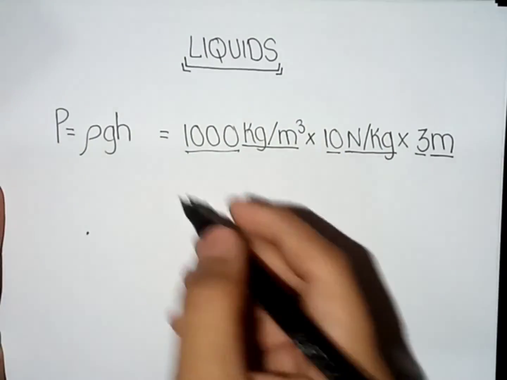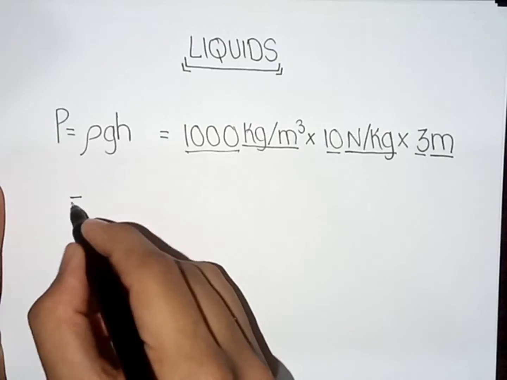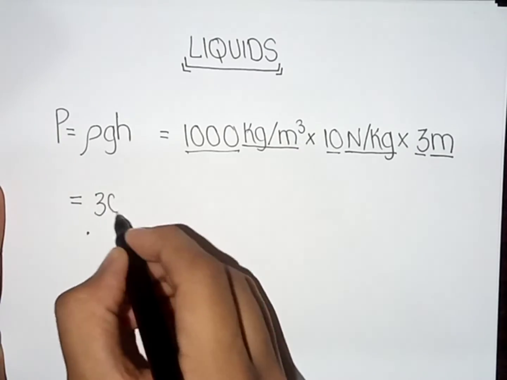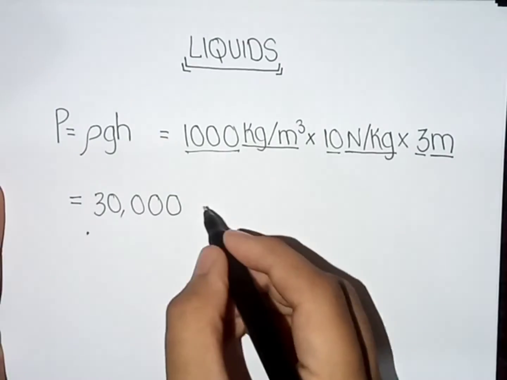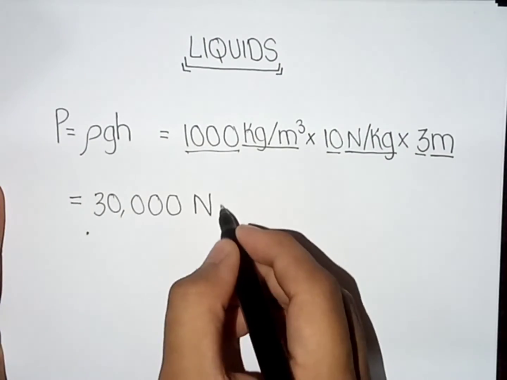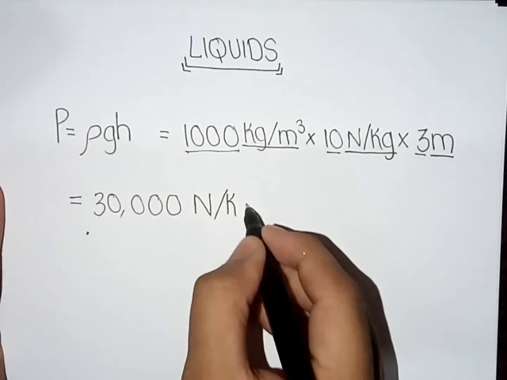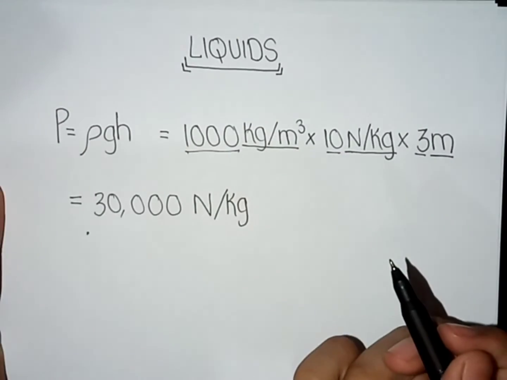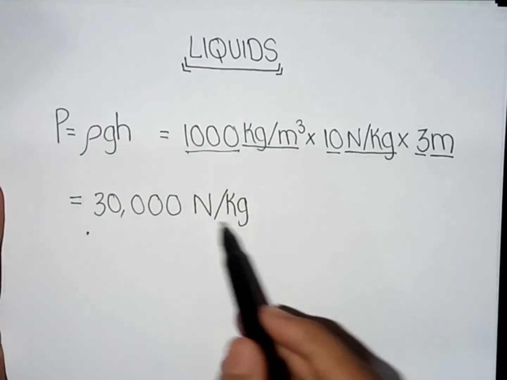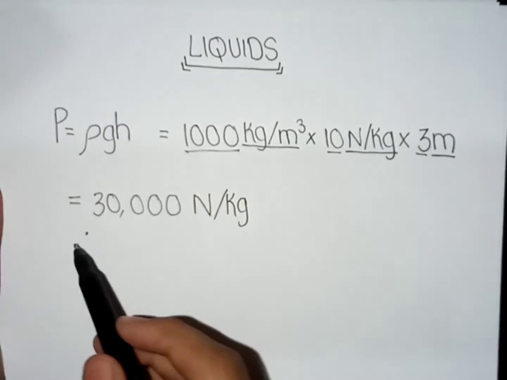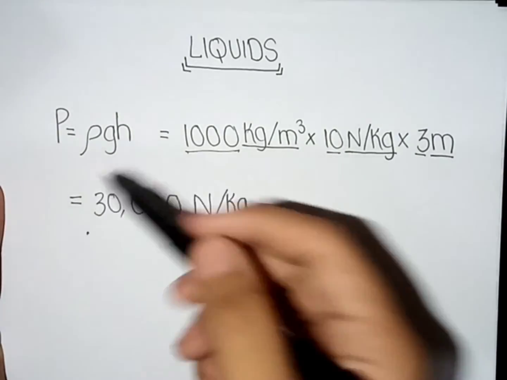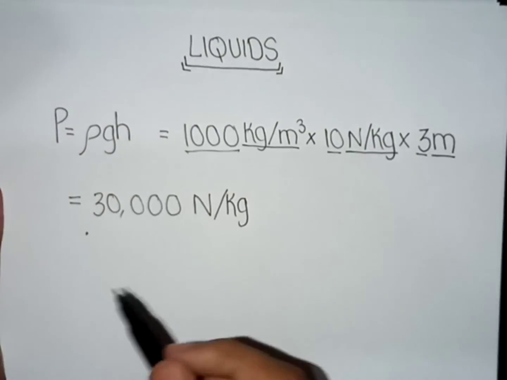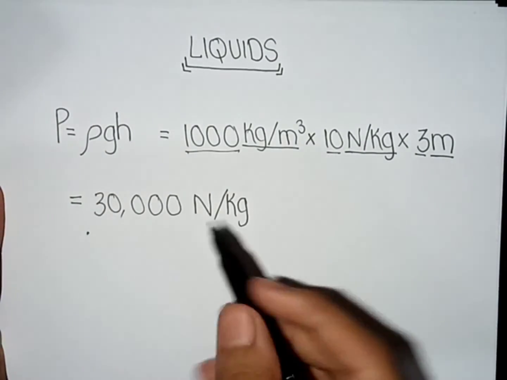For example, you have calculated the value and the answer is coming to 30,000. If you write newton per kilogram, 30,000 for example, is it a reliable answer with the SI unit?